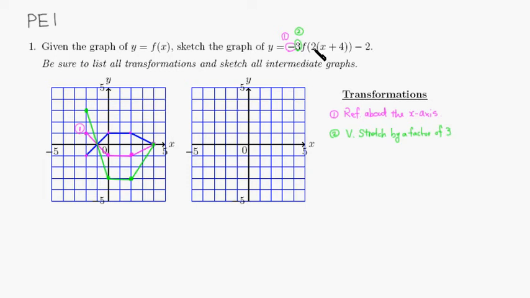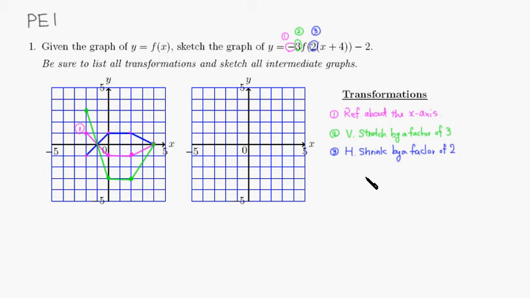Then the next step, let's do blue. This is the third transformation. This is going to be a horizontal shrink by a factor of 2.